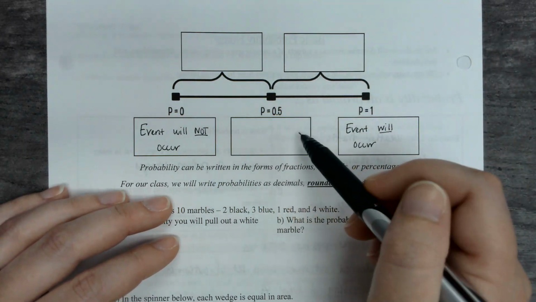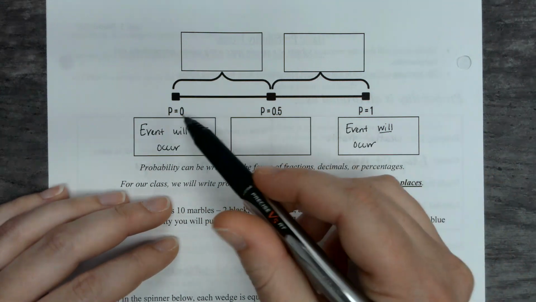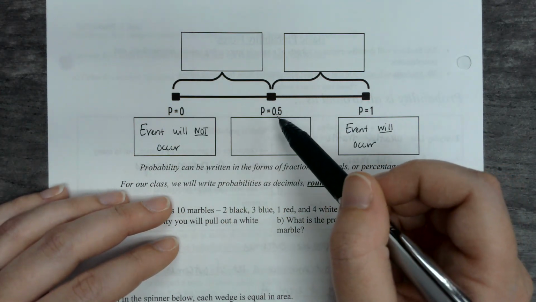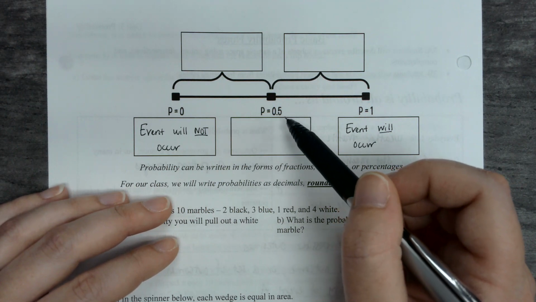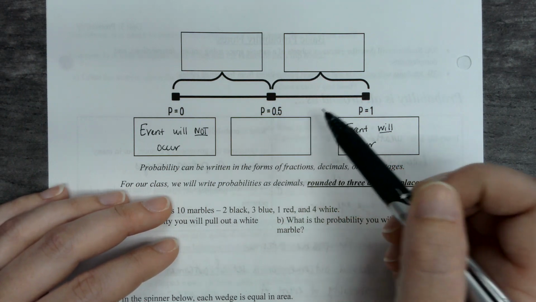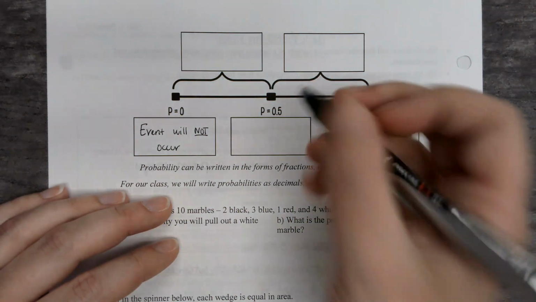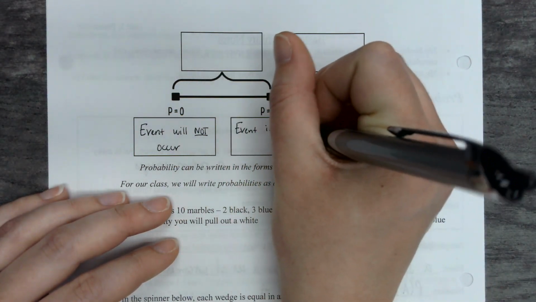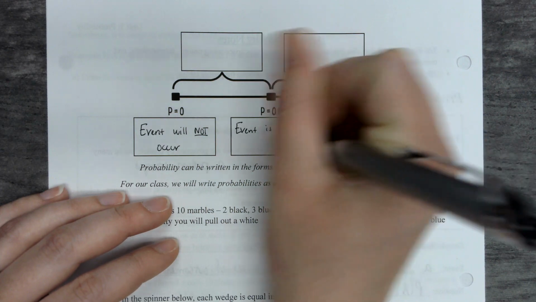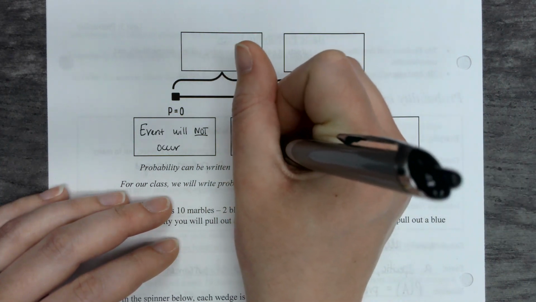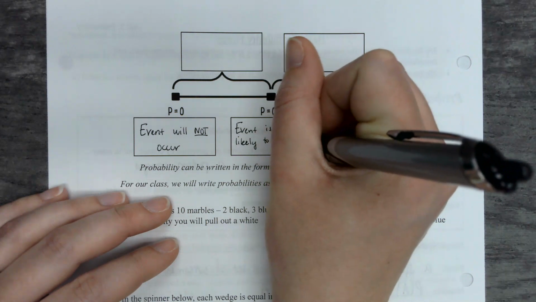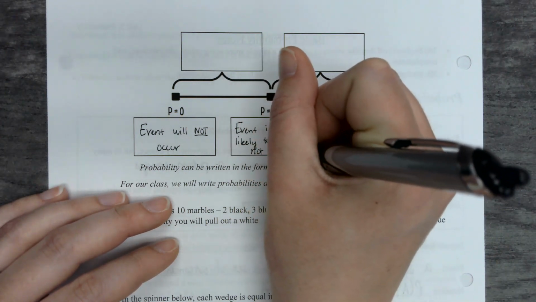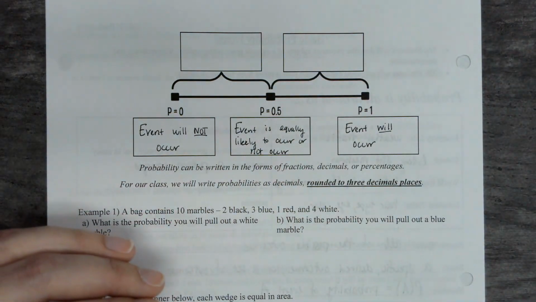And then we have this in between, 0.5. If we have p equals 0.5, that means the event is equally likely to occur or not occur. Think of it like a 50-50 shot.